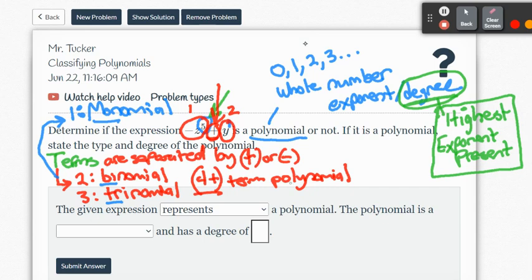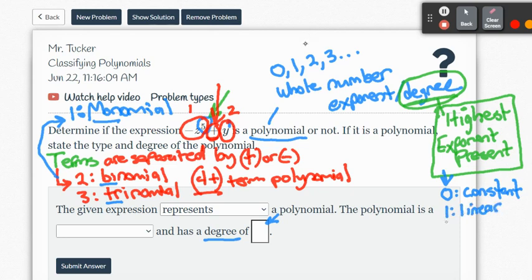Mono for 1. Now, the degree here, we're just going to name it, but we do also call different powers, different degrees. I'm going to write that right here, starting with 0 degree. If the degree is 0, it's called a constant. If the degree is 1, it's called linear.